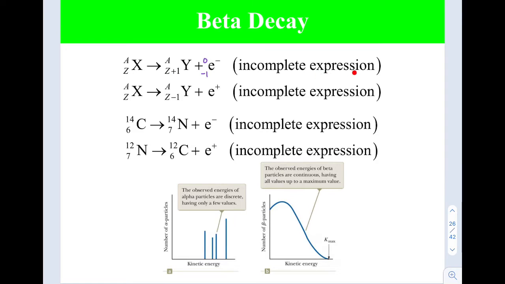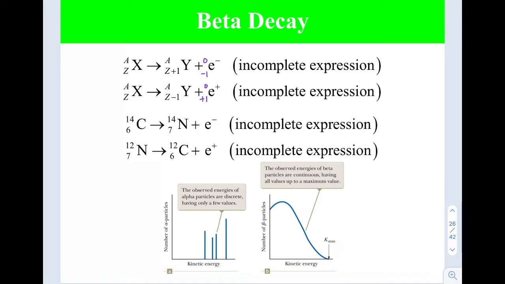Why is it an incomplete expression? Because there is one thing left. On the coming slide, Madam will explain in detail about this. So for positron, the release of the positron in here is supposed to be 0 and +1.